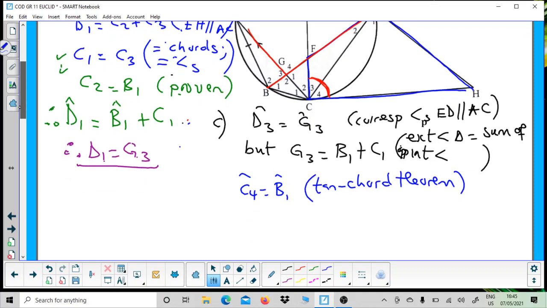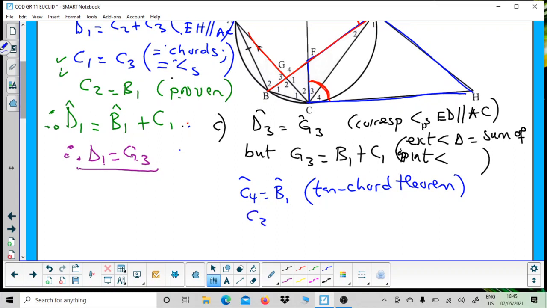Perfect. But C3 is equal to C1. Do you remember the reason? Equal chords, equal angles. Like this. So if this is the case, then you can see that this angle that we are talking about is actually equal to G3.